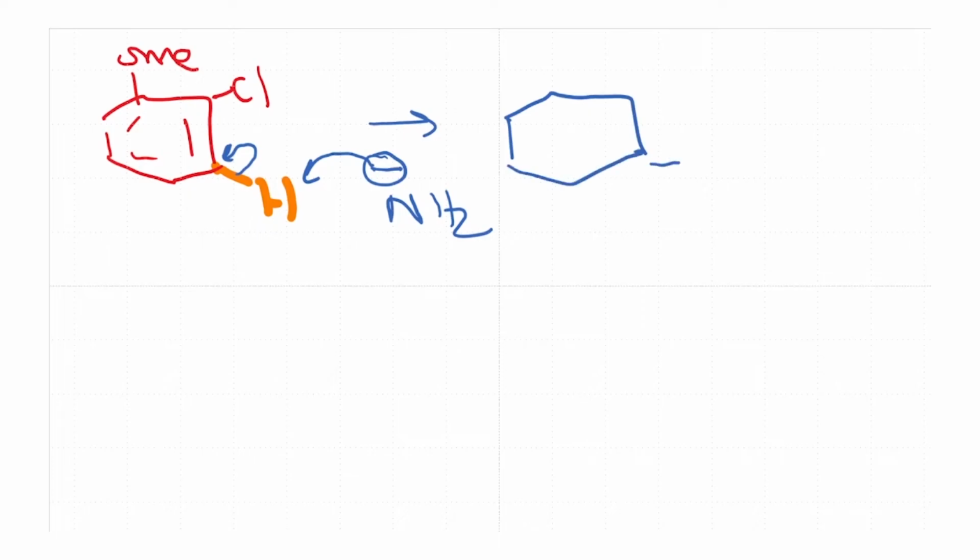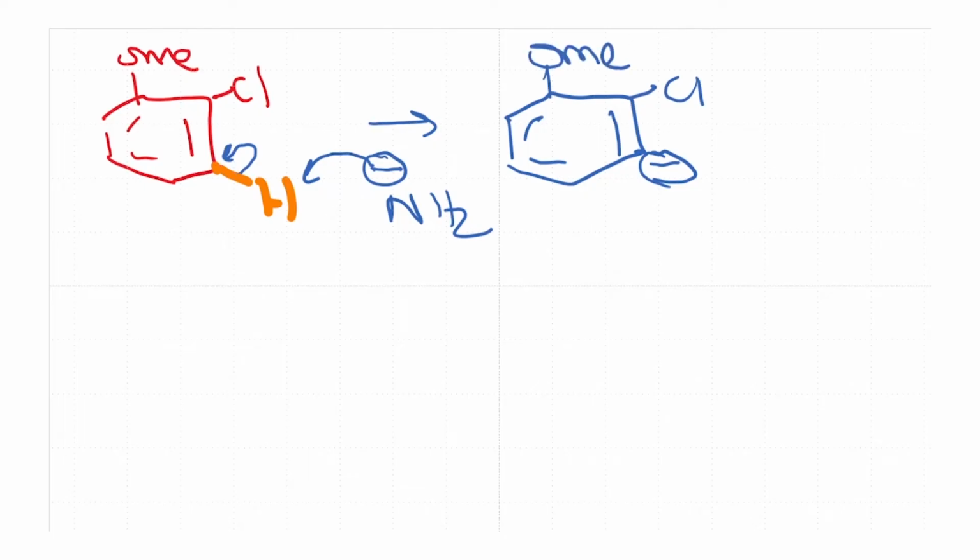Okay, so the first step would be the loss of this hydrogen to NH2 minus and the formation of the carbanionic intermediate. Right? OMe, Cl.